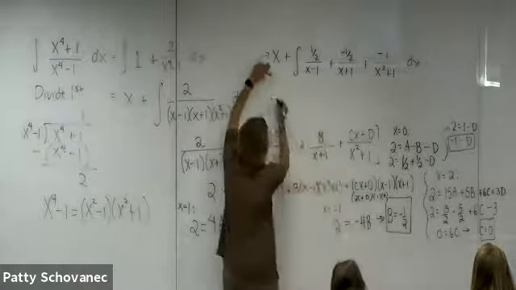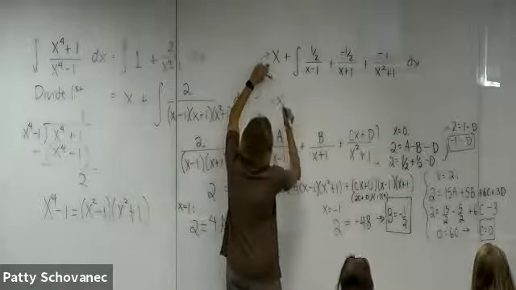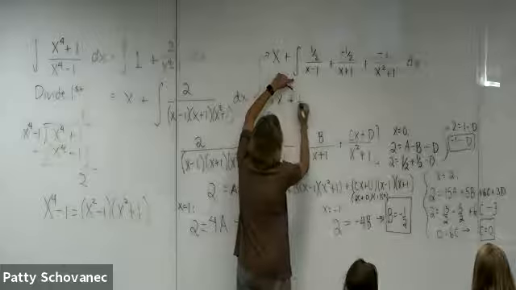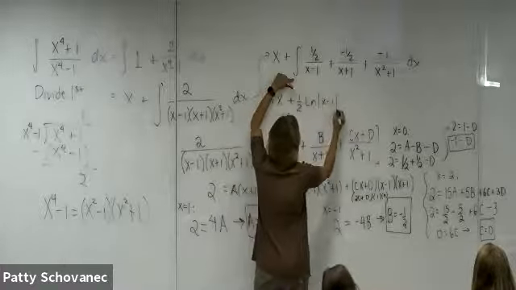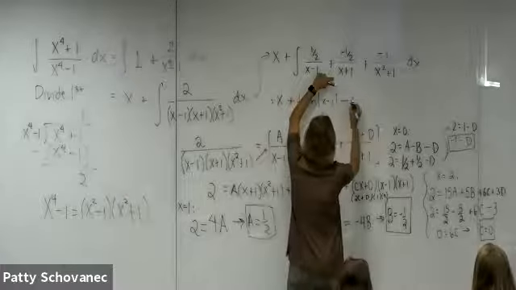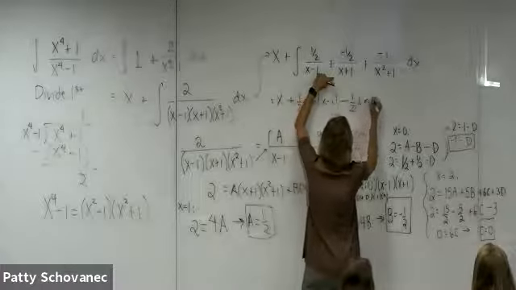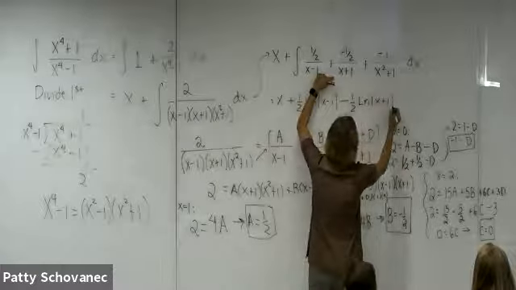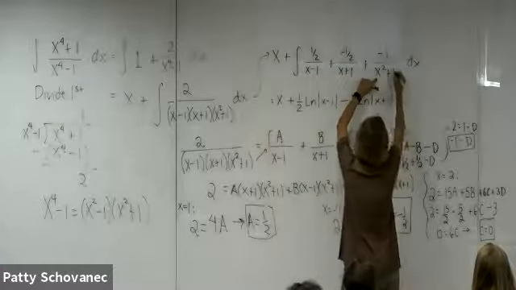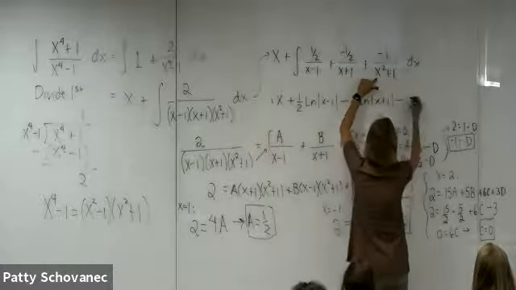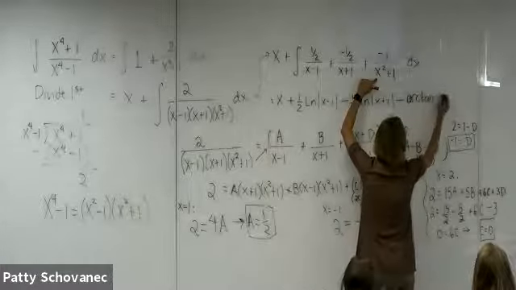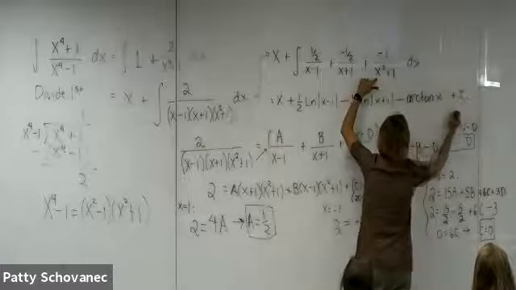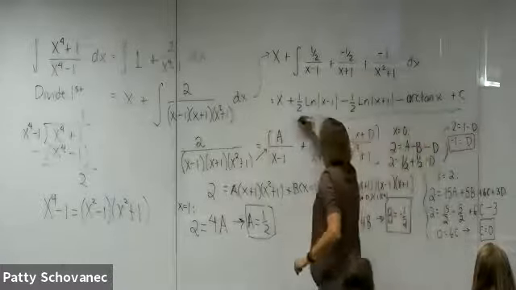So we got the x from the original division plus 1/2 the natural log of x minus 1 minus 1/2 the natural log of x plus 1 minus, and since this a squared is just 1, I just have the arctangent of x. Back on the plus C, and we got it.